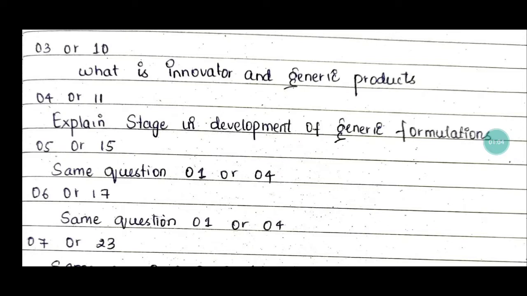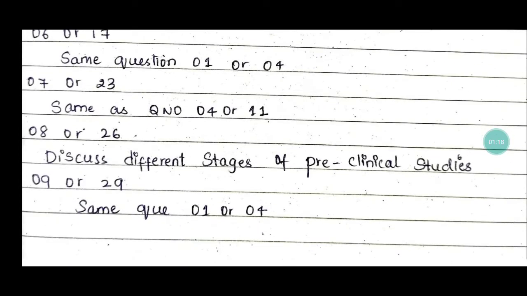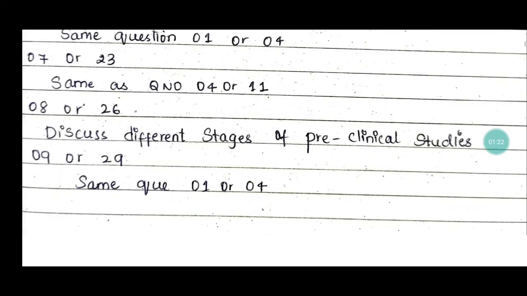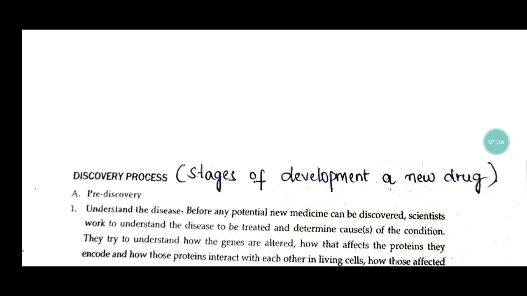And the 8th question, or the 26th question in the question bank of regulatory science, discuss different stages of preclinical studies. The 9th question, or 29th question, is the same as question number 1 or question number 4 given in the question bank of regulatory science.